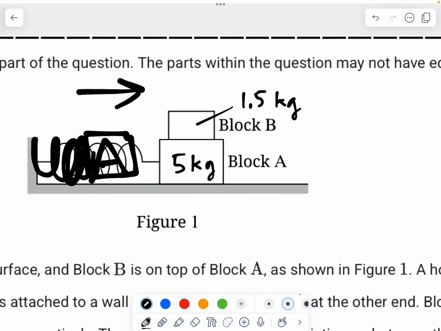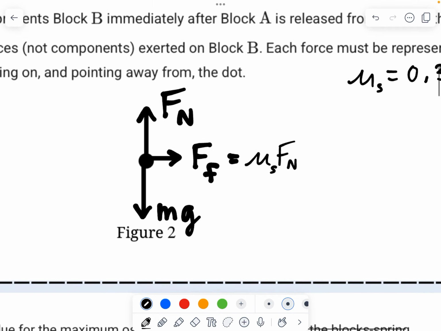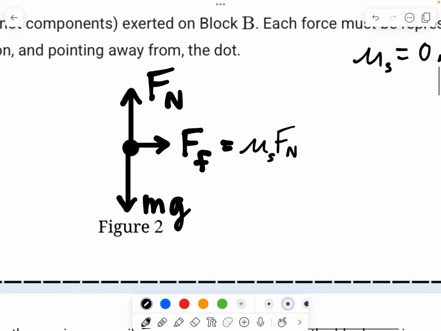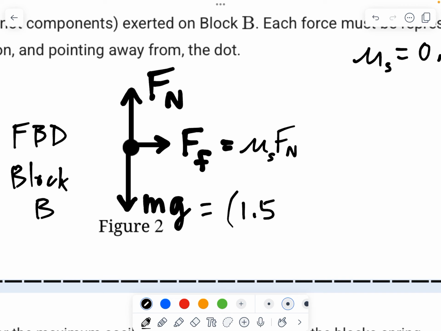Okay, so we can use that right here, and we know mg is going to be equal to 1.5. Again, this is the free body diagram of block B. 1.5 kilograms times, we'll go with 10 newtons per kilogram, equals 15 newtons.